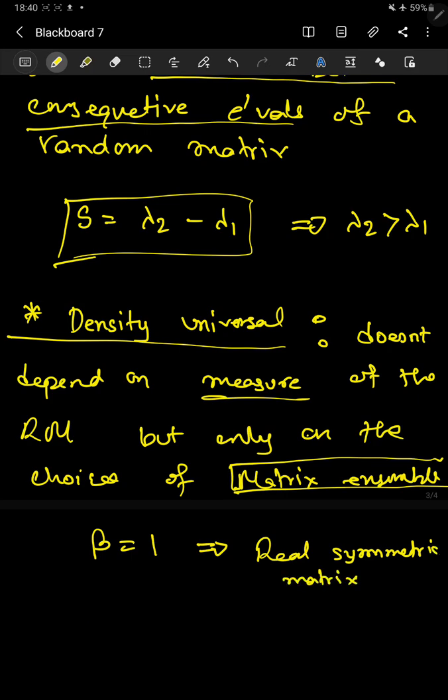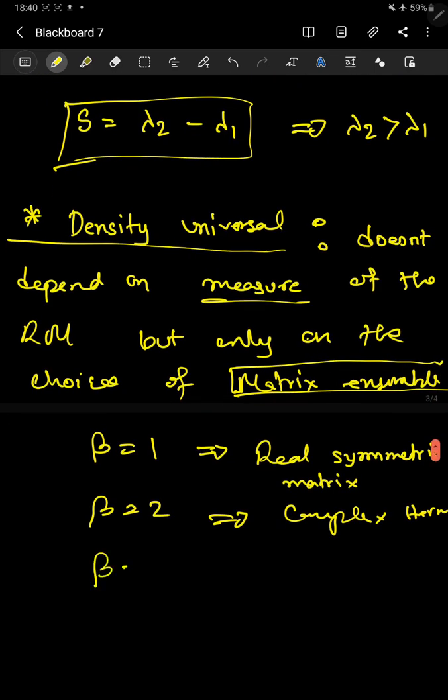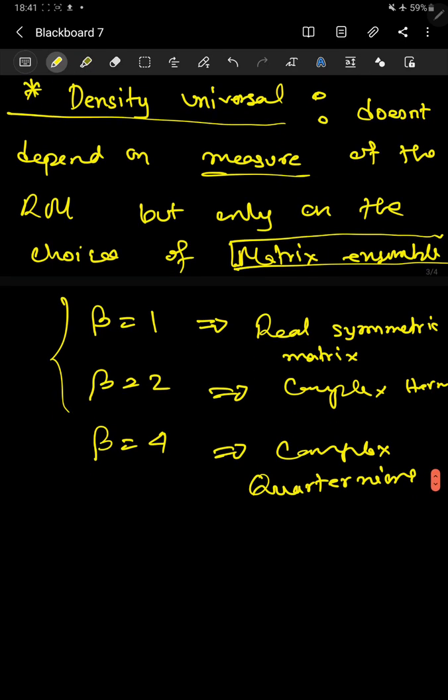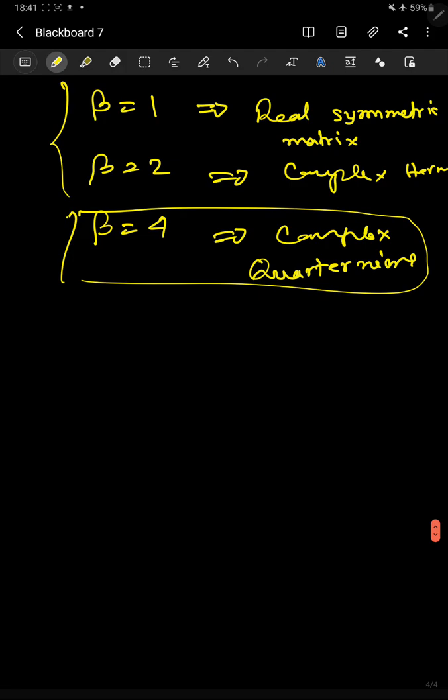Beta equal to 2 gives us complex Hermitian, that is a complex Hermitian matrix where we randomly pick the values of the elements. And beta equal to 4 is complex quaternion. If you know what quaternions are, it's just a generalization of complex numbers. We'll study these two in exclusive detail, but throughout the course we'll almost avoid this.